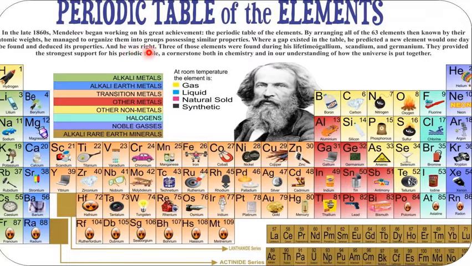And he was right. Three of those elements were found during his lifetime: gallium, scandium and germanium. They provided the strongest support for his periodic table, a cornerstone both in chemistry and in our understanding of how the universe is put together.